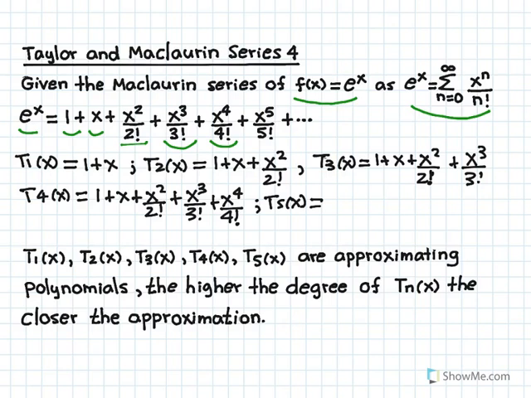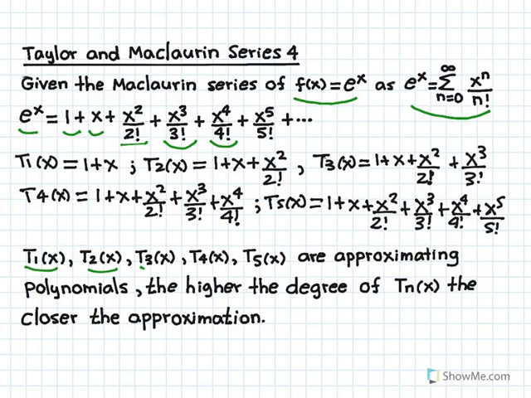So we go up to the x to the 5 term. So that's the sum of the first 6 terms. So 1 plus x plus x squared divided by 2 factorial plus x to the power of 3 divided by 3 factorial plus x to the power of 4 divided by 4 factorial plus x to the power of 5 divided by 5 factorial.